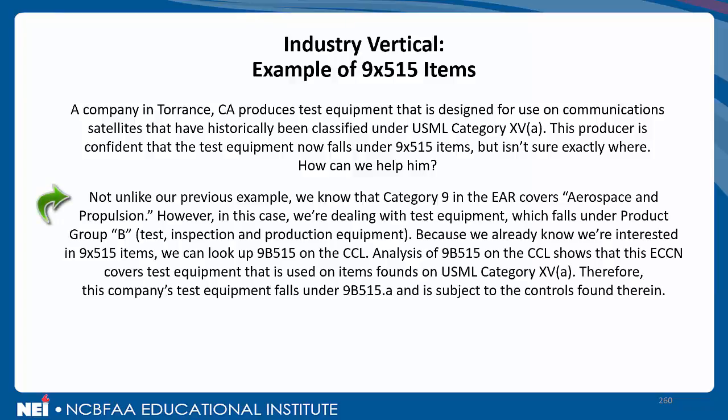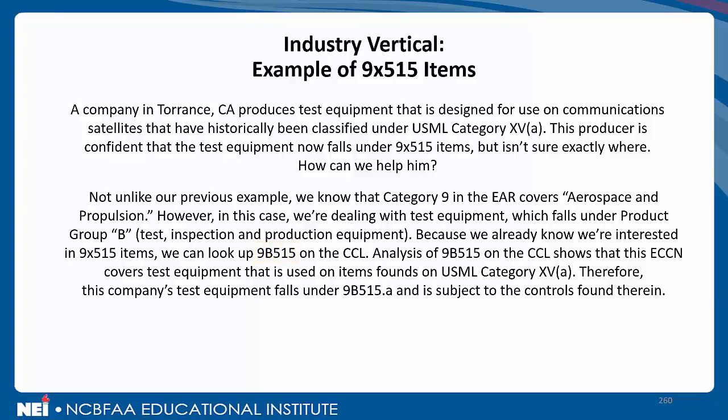Not unlike our previous example, we know that Category 9 in the EAR covers aerospace and propulsion. We saw that. Same scenario here. However, in this case, we're dealing with test equipment. We already set this conversation up, which falls under test, inspection, and production equipment. Because we already know we're interested in 9X515 items, we can look up 9B515 on the CCL.